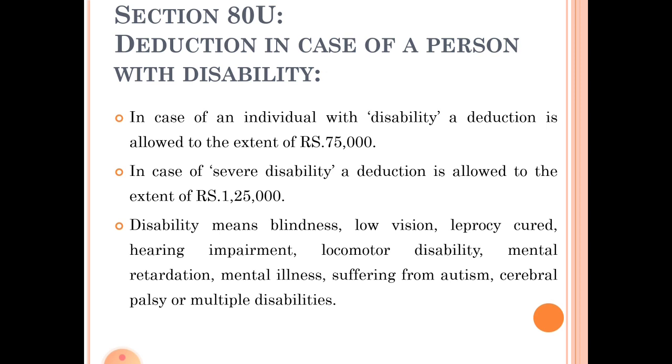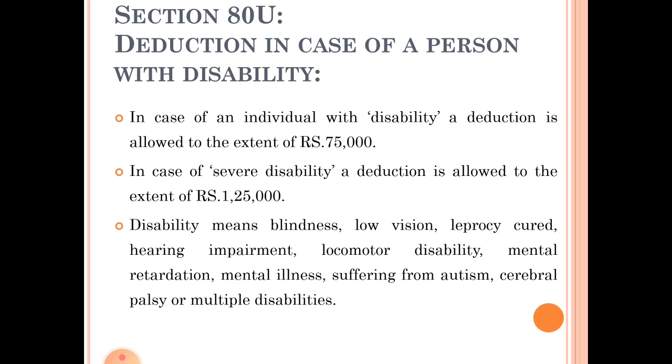Next section, and last section under general deduction under section 80, is section 80U, that is deduction in case of a person with disability. Under section 80DD, you studied deduction in respect of maintenance and medical treatment of dependent relatives with disability.